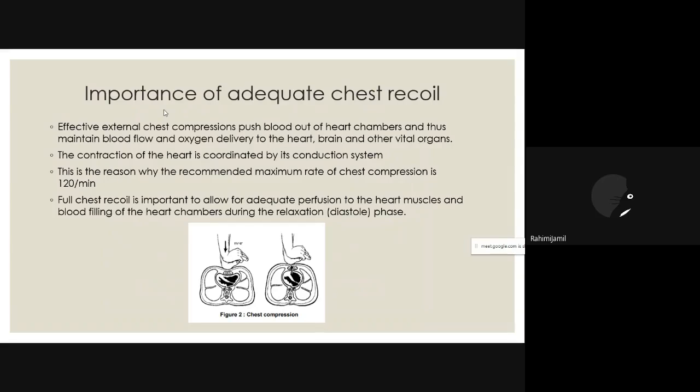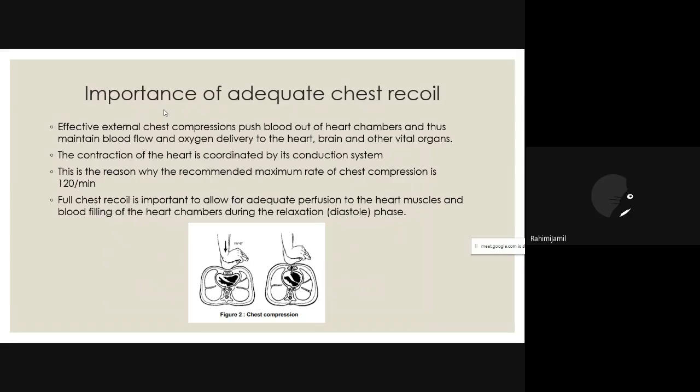The contraction of the heart is coordinated by its conductive system, which means if the rate is too low or too high, the heart cannot function normally. This is the reason why the recommended rate of chest compression is 100 to 120 per minute.